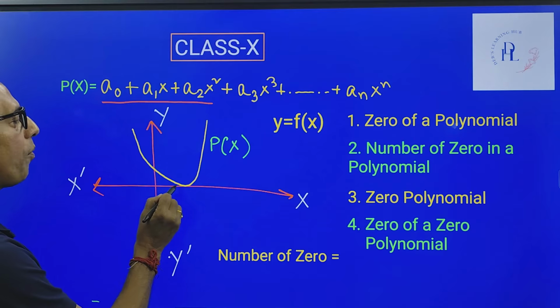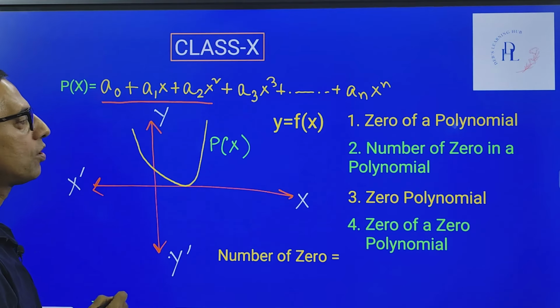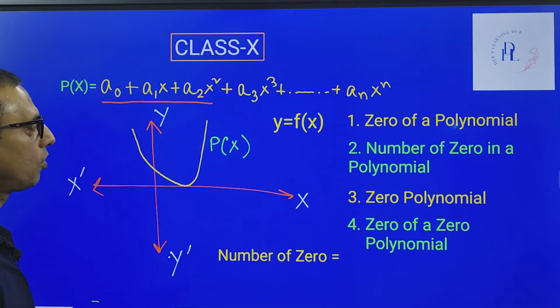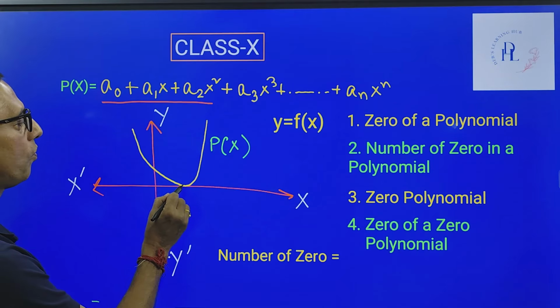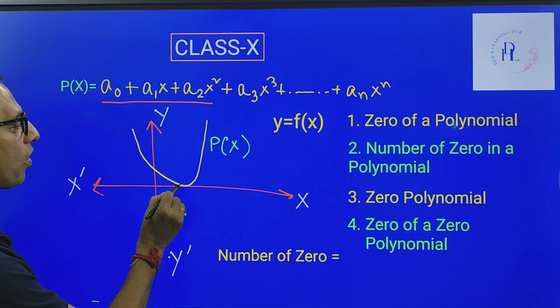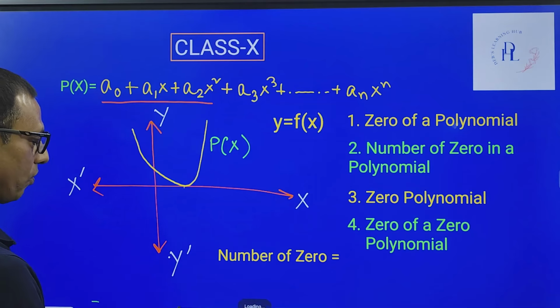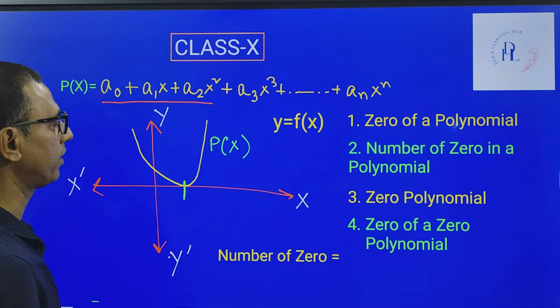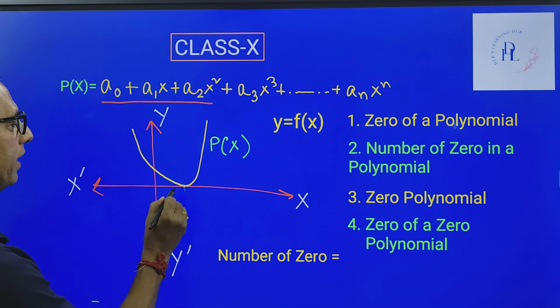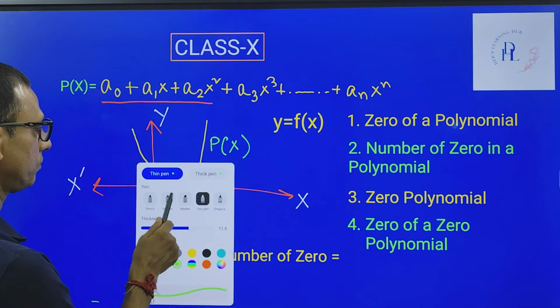So for how many values of x does y become 0, we can see from this graph. This is one time, right? This is the point where y equals 0, p(x) equals 0.